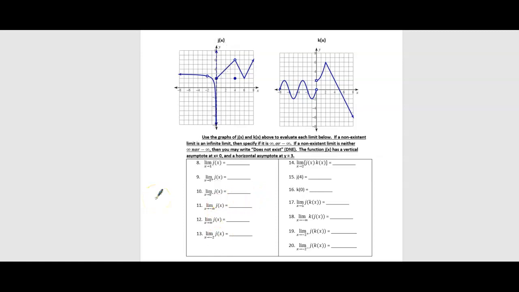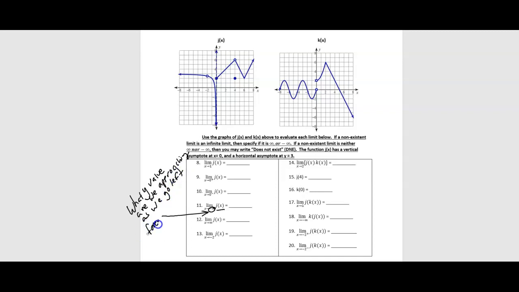So for number 11, we are attempting to find the limit of j of x. So we're still on the j function as x approaches negative infinity. Now what that means is, what y value are we approaching as we go left forever?